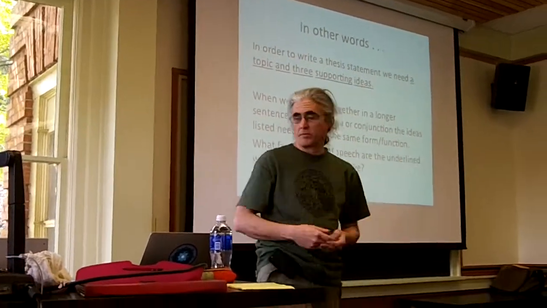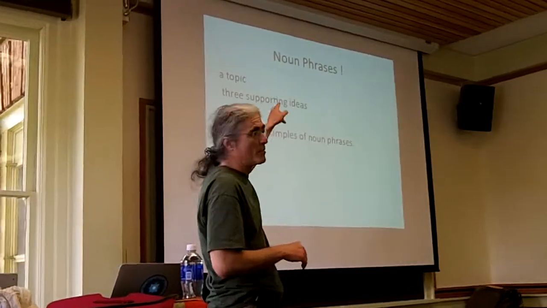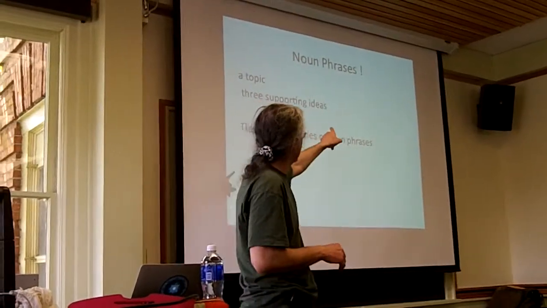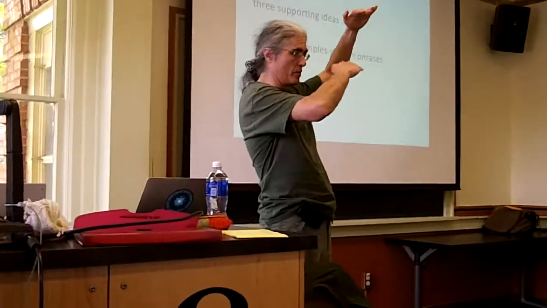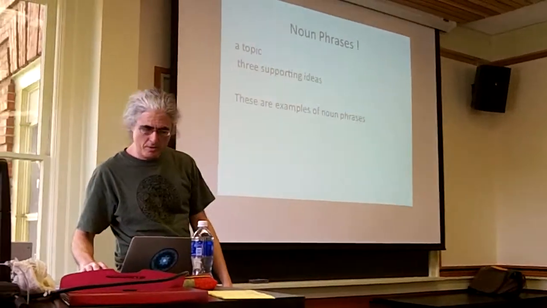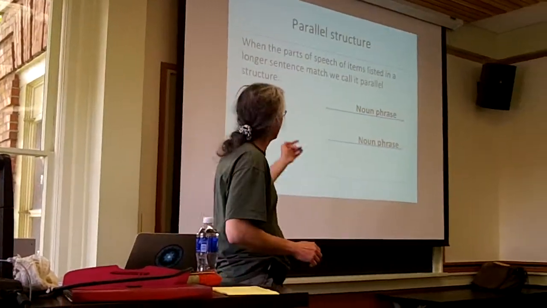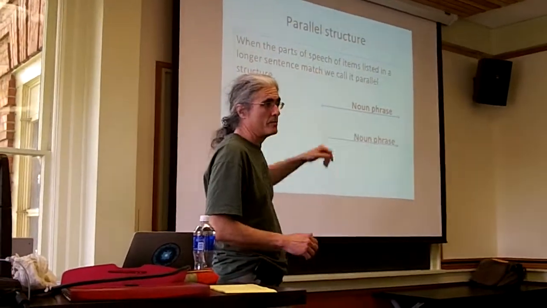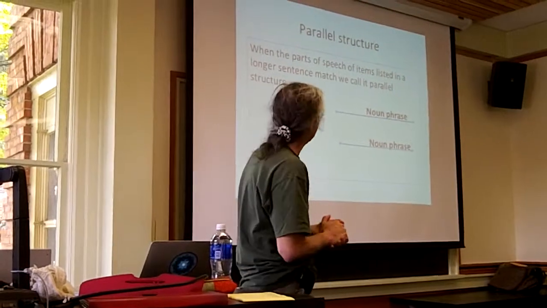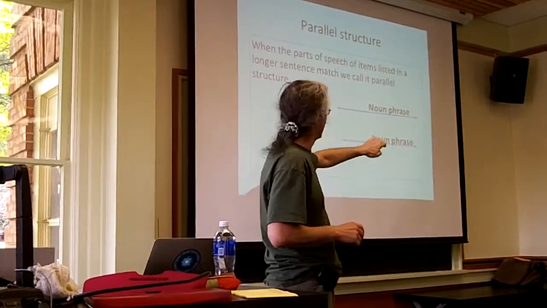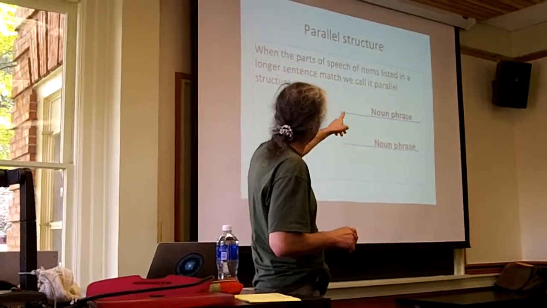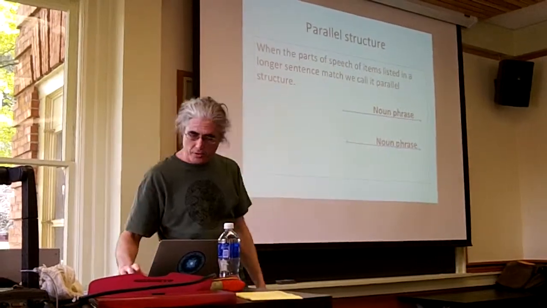A noun. So we have a topic, the article, 3 supporting ideas. We have noun phrases. So a noun phrase, joined with a noun phrase, we call that parallel structure. Some of you may know the word parallel from geometry, parallel lines. They never meet. So we have a noun phrase, we have a noun phrase, we have good parallel structure.